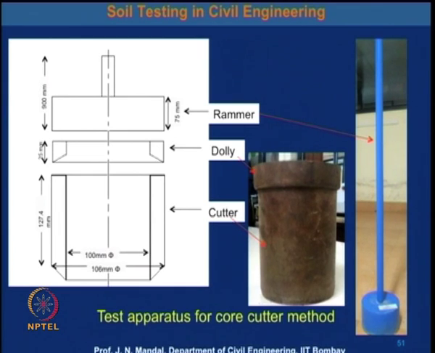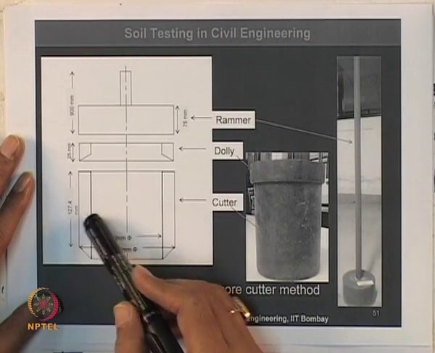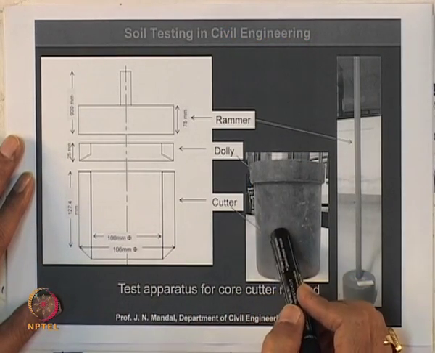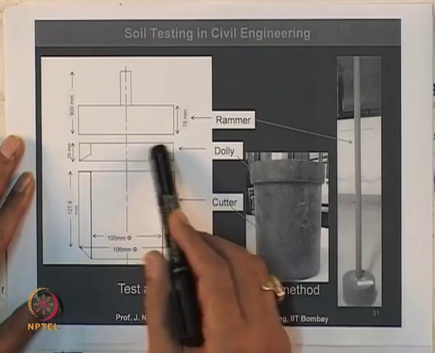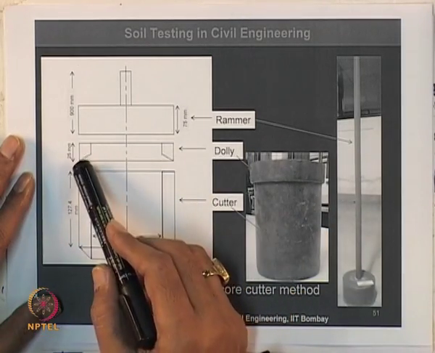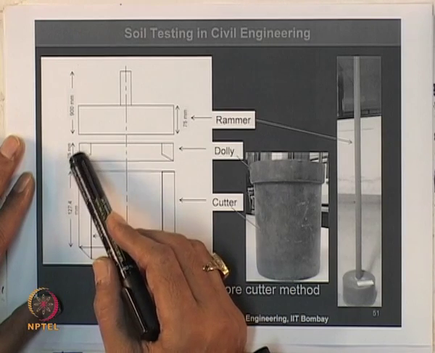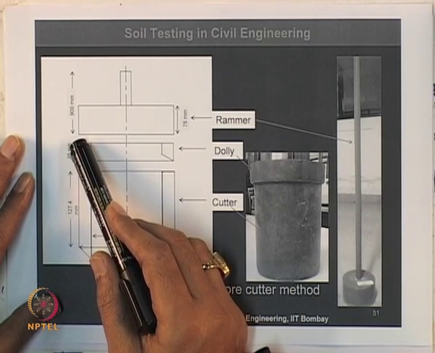This part is the cutter, and this is 106 millimeter in diameter and 100 millimeter in diameter inside, and this height is 127.4 millimeter. On the top of the cutter there is a dolly, and this is from here to here 25 millimeter.